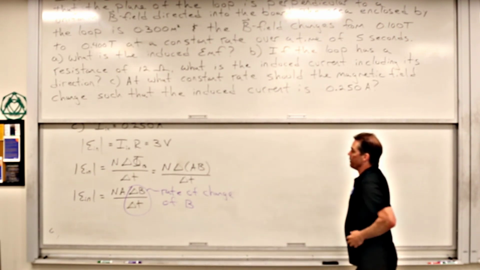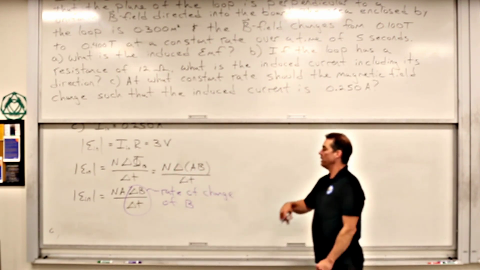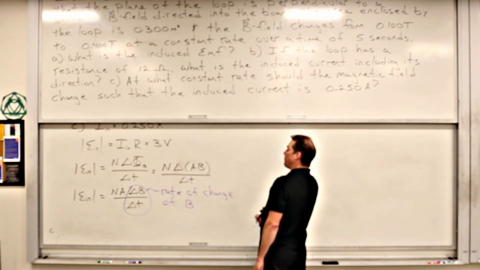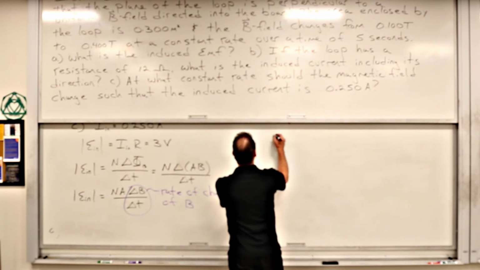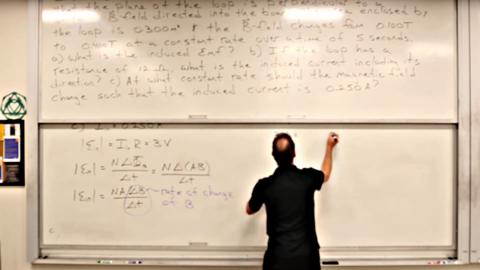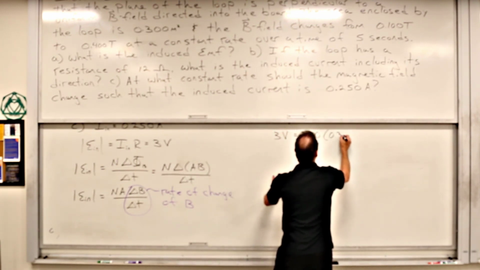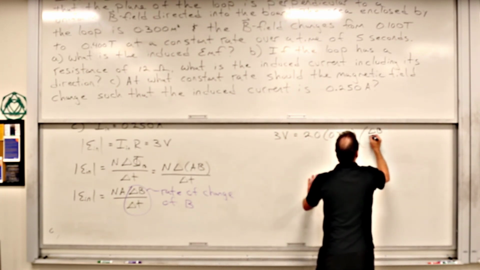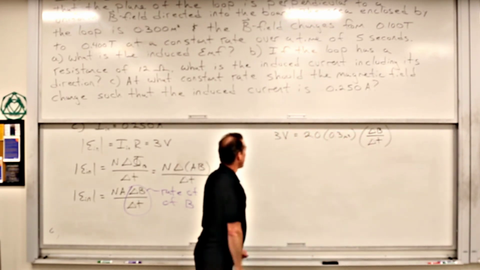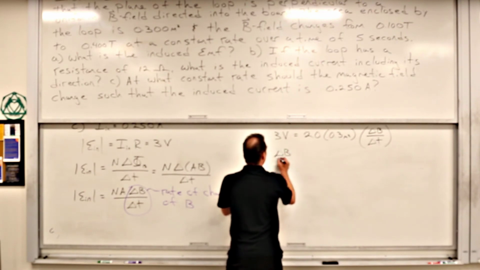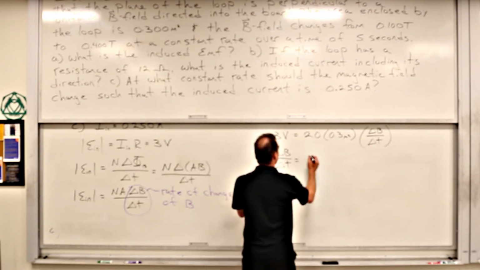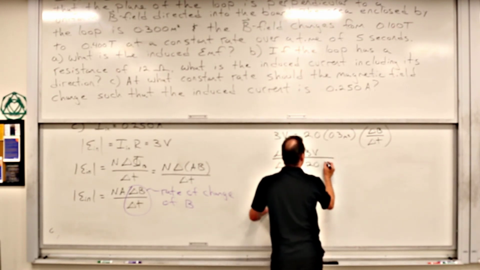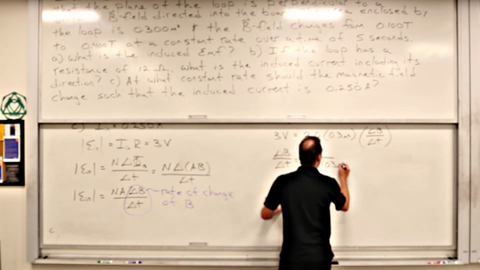See what we got. So we know that we need 3 volts in terms of the induced EMF, and that is also equivalent to NA delta B over delta T. So we've got 3 volts is equal to 20 times 0.3 meters squared multiplied by delta B over delta T, which gives us delta B over delta T is equal to 3 volts divided by 20 times 0.3 meters squared.